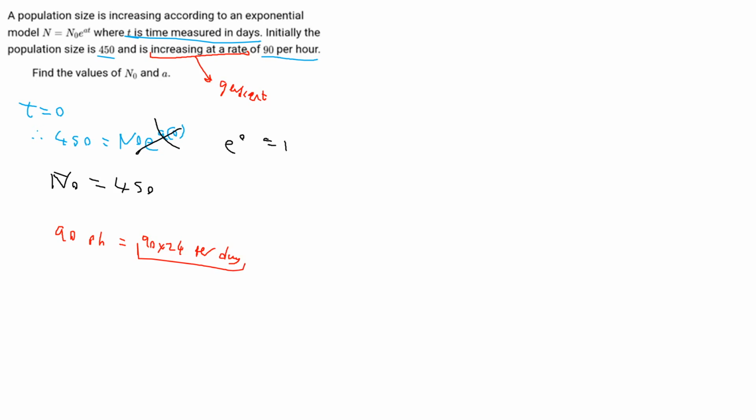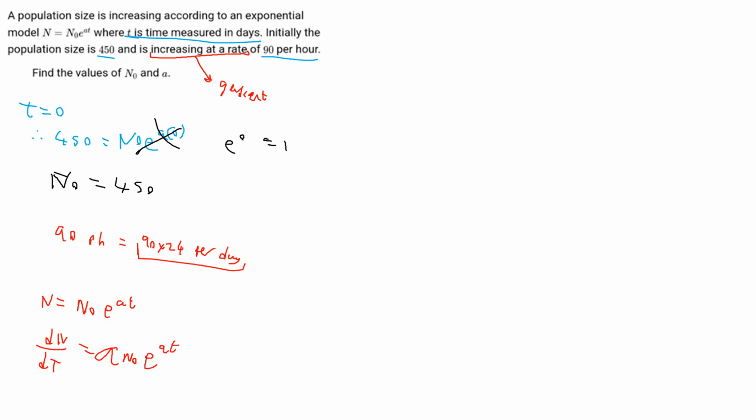Now, this still does not help us because we still need a gradient function. If n is equal to n0 e to the at, then dn by dt is equal to a n0 times e to the at.